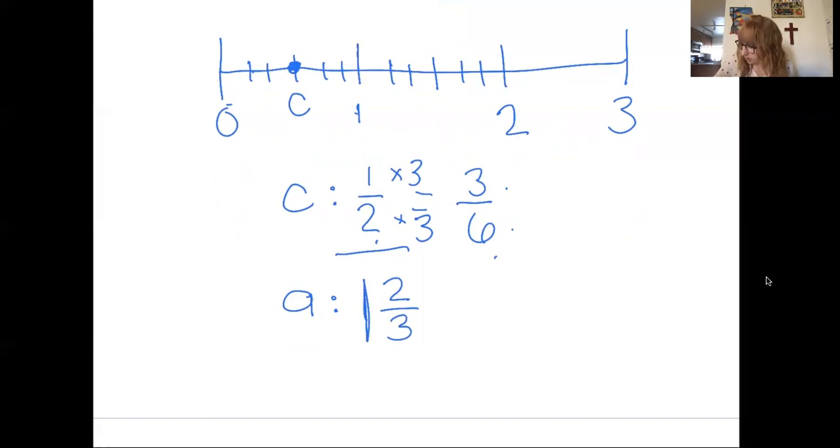And if I wanted to change thirds into sixths, I need to multiply both the numerator and the denominator by 2, and I get 4/6, and my whole number stays the same, so it's still 1. So letter A goes on 1 and 4/6. So 1, right? And 1, 2, 3, 4/6. And that's letter A.